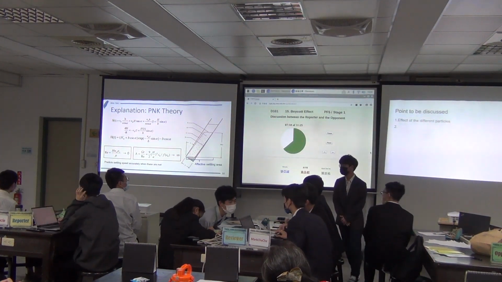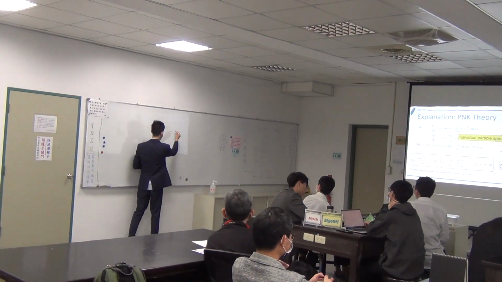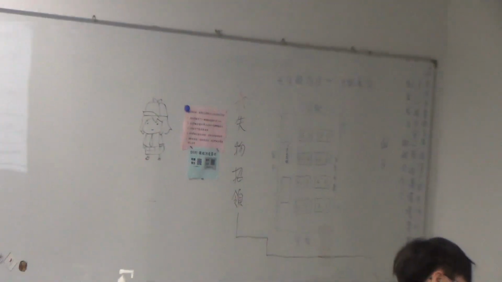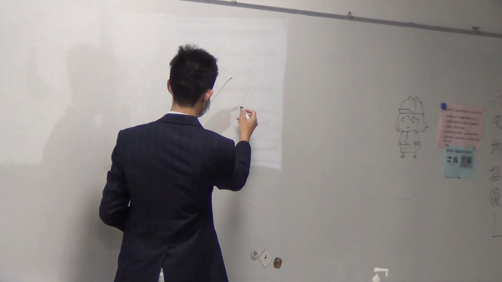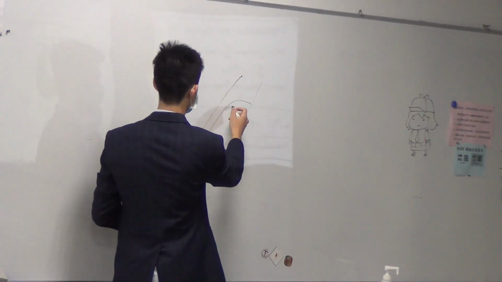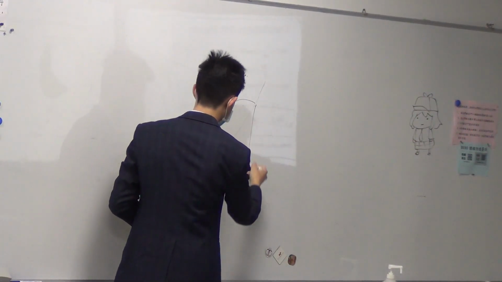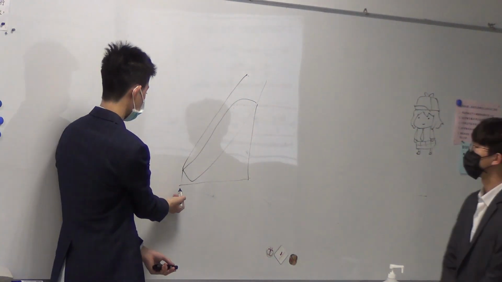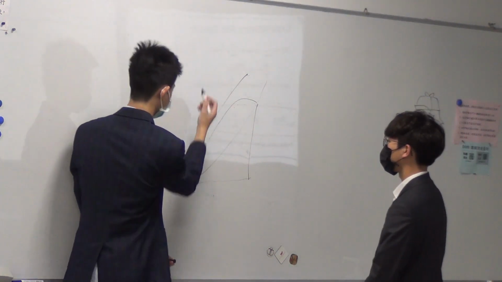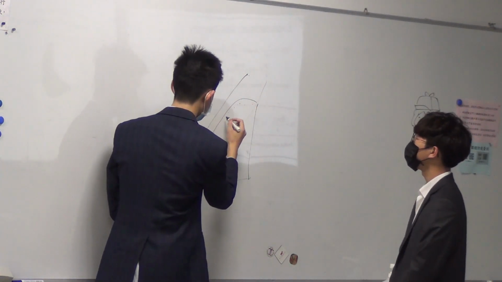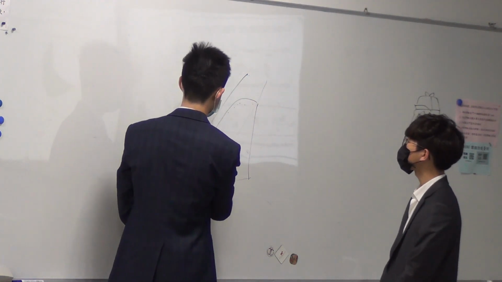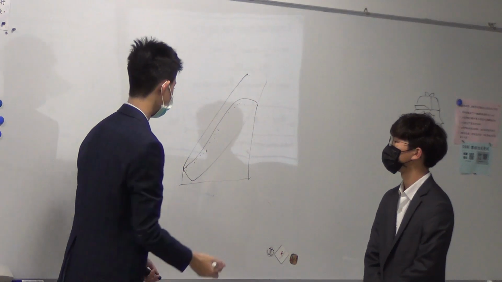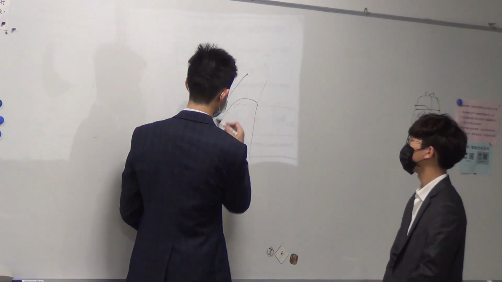So what PNK says is that the individual particle velocity stays the same. Let's say this is the suspension that contains the particles. Because this area is increased when you tilt the container, the volume of water that is produced is also increased. And where does that water go? Water piles up here.